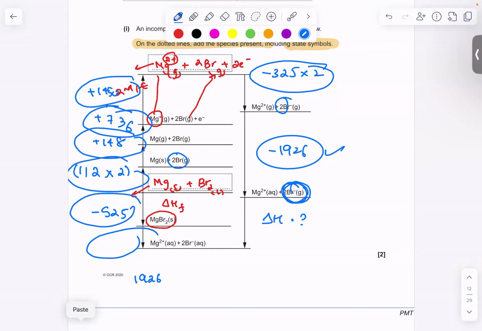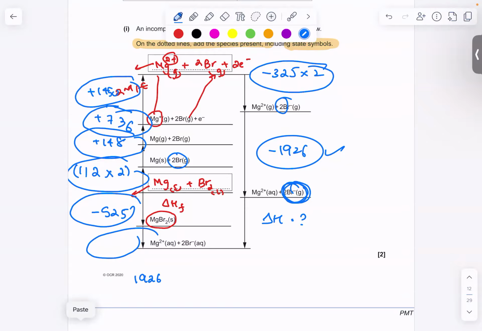That would be 693. Plus or minus 18, that would be 693. Or plus minus 525 minus 186, that would be minus 711.